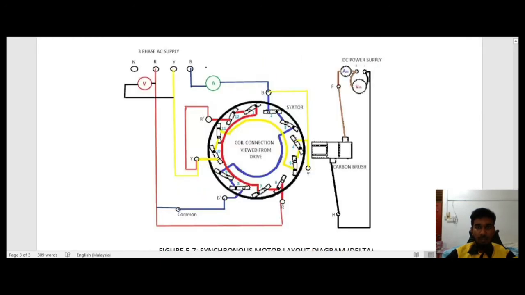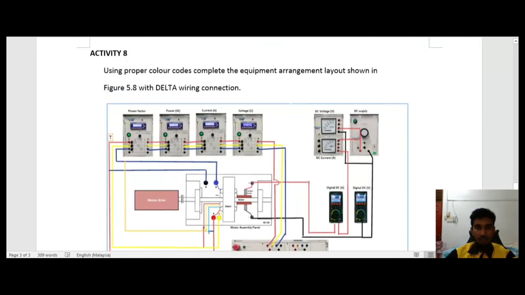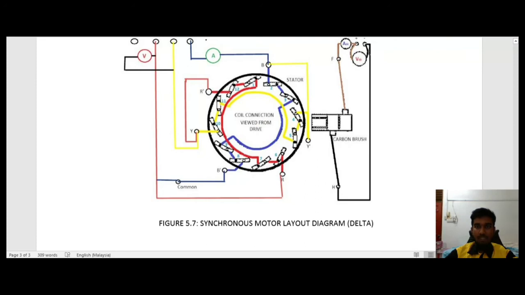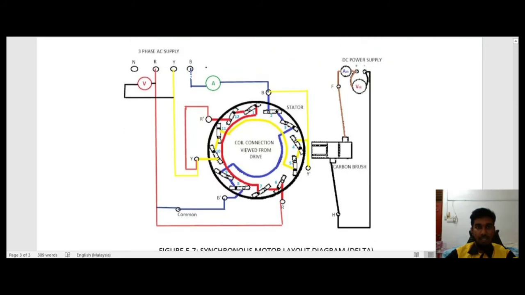From this wiring diagram, we can see that the DC supply is supplied to the rotor parts of this synchronous motor, which is the carbon brush, and the three-phase supply in delta connection is supplied to the motor from the red line to R, and the output R dash goes to the Y phase, and the output of Y dash goes to the blue line.